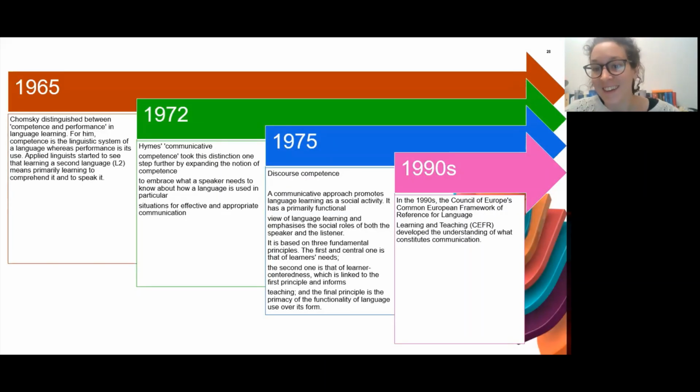Yeah, right now, 30 years later, we still use the Common European Framework of Reference, but I think that we will soon add the new breakthrough, which is blended learning.